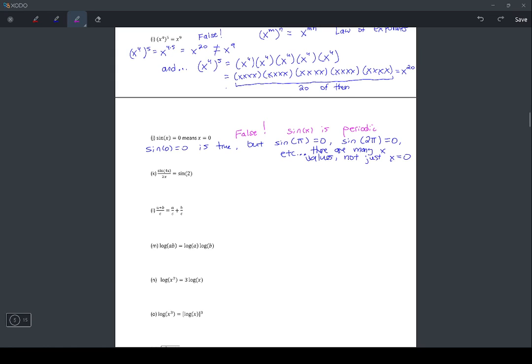Okay, next problem, next question. Sine of 4x over 2x is equal to sine of 2. This is false. It's one of the things you're going to be tempted to do in several calculations in the course, is to do bad canceling.